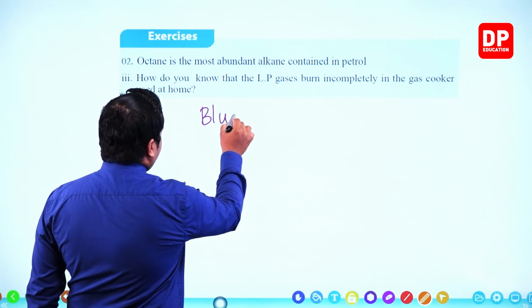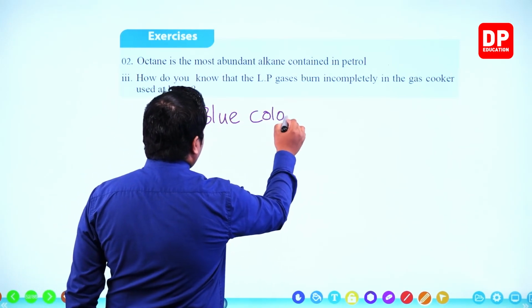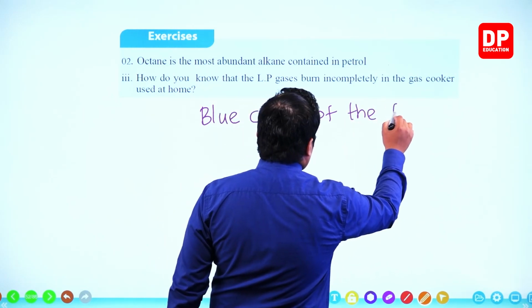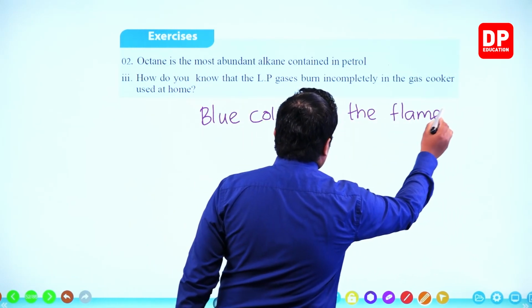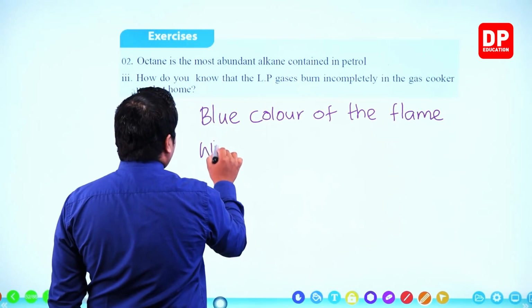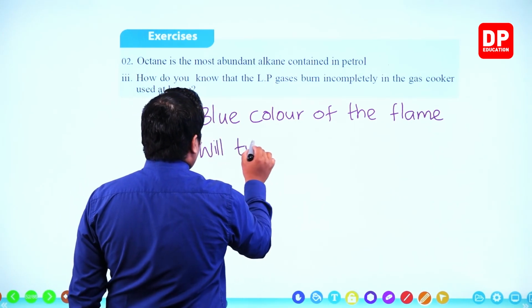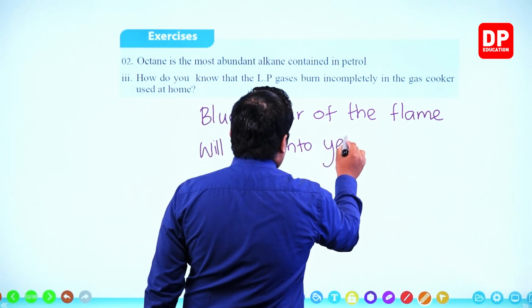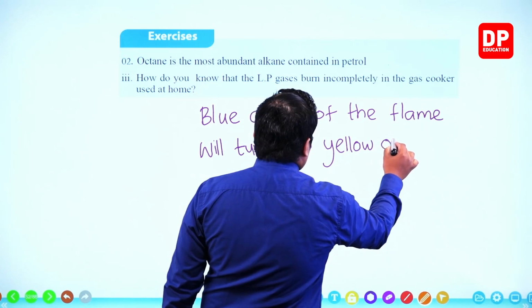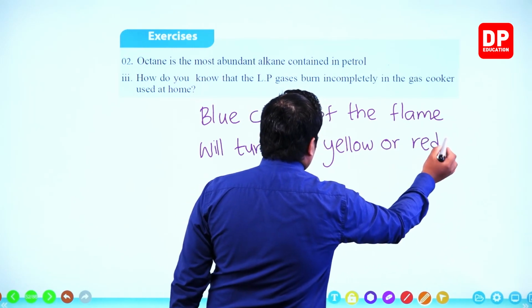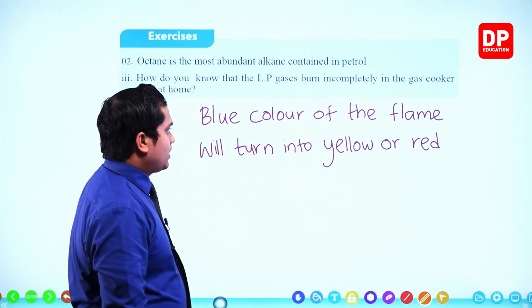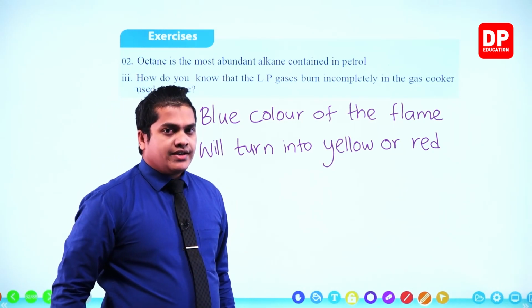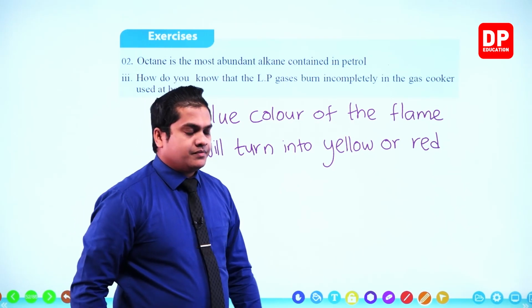The blue color of the flame will turn into yellow or red. This is how you could identify the incomplete combustion.